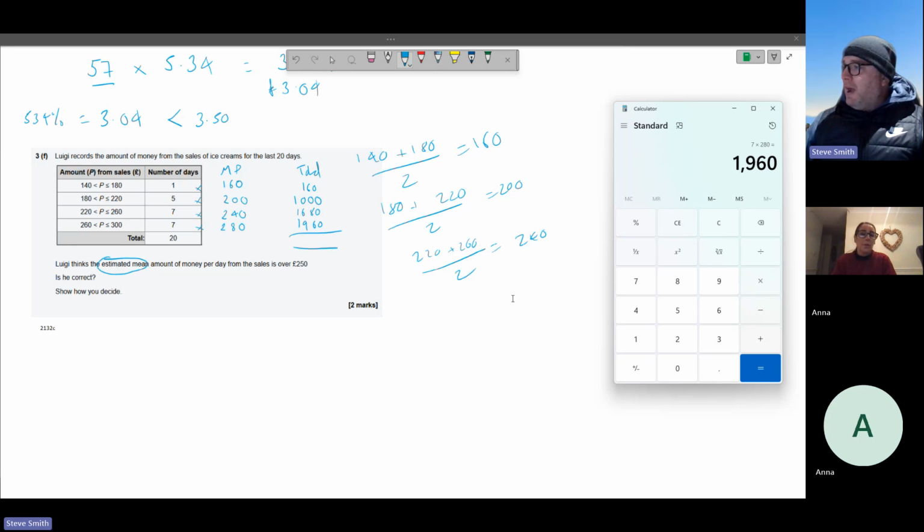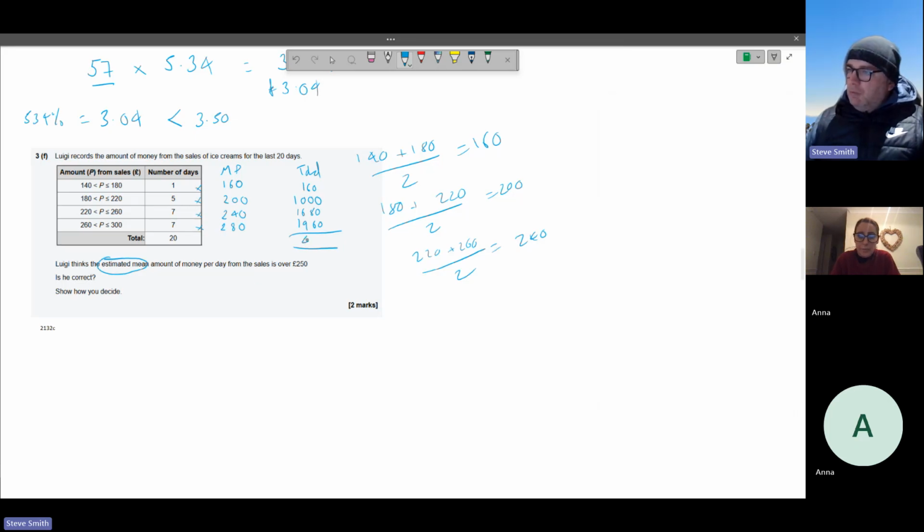So 160, add 1,000, add 1,680, add 1,960. So he made £4,800 in 20 days.